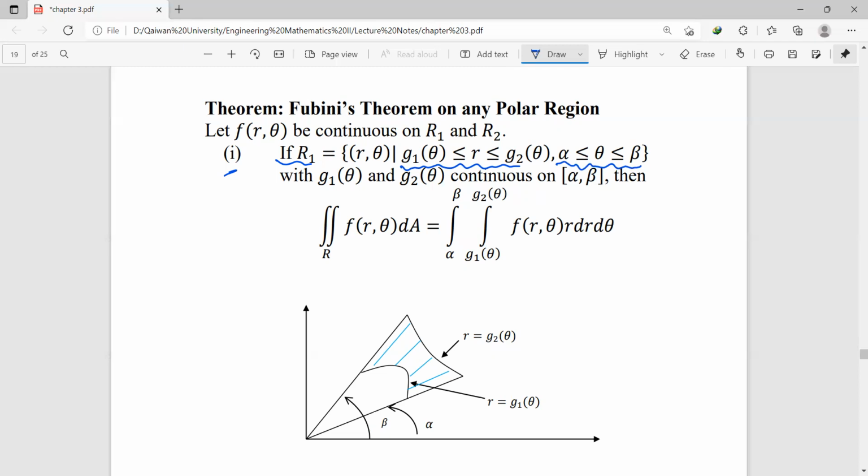So in this case, we must first take the integration with respect to the variable which is from a function to another function. Here, r is from g1 of theta to g2 of theta. That means we must take the integration with respect to r, because it's from g1 to g2. And then the second integration with respect to theta, because it's from a constant to another constant.